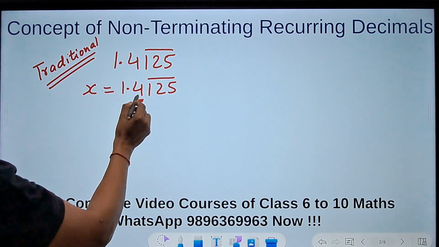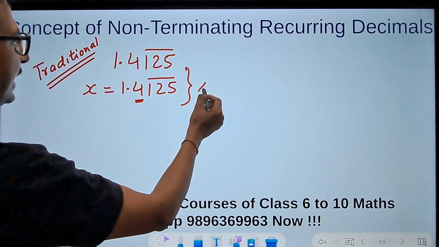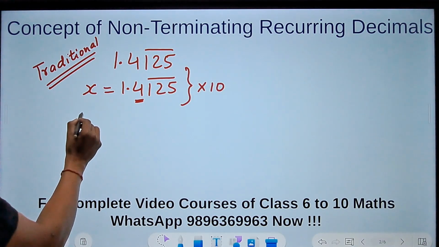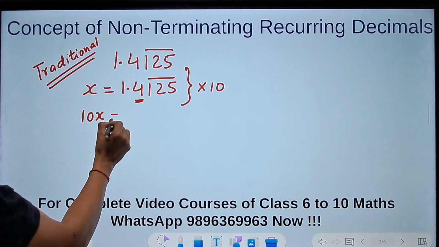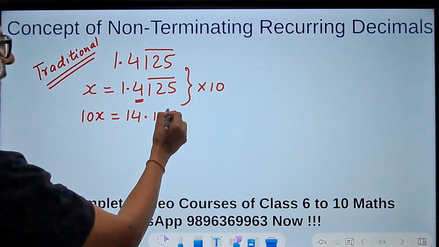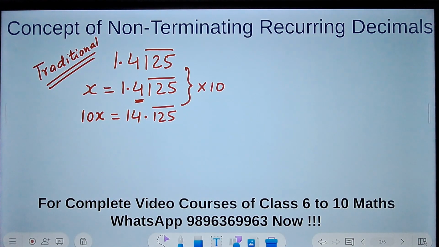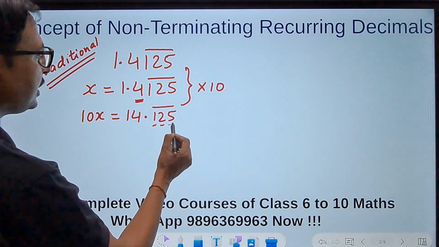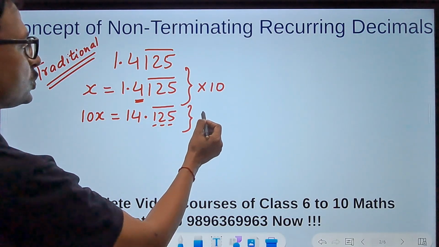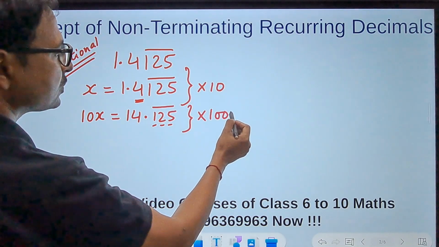So the first thing is to multiply this by 10 so that this digit 4 comes on the left side of the decimal. So this becomes 10x, and on the right hand side this becomes 14 point, and 125 bar remains as such on the right hand side. Now the next step is to see how many digits have a bar over them. So here we can see 1, 2, 3. 3 digits contain the bar over them, and therefore we need to again multiply this by 1000.